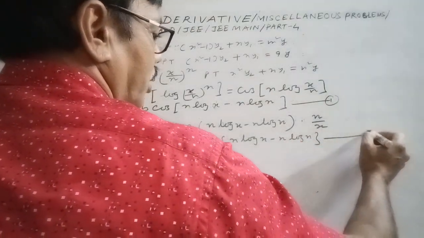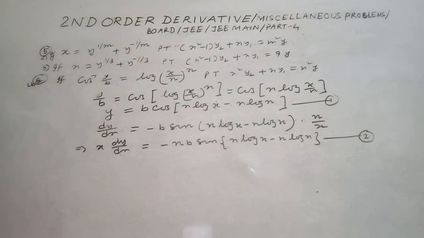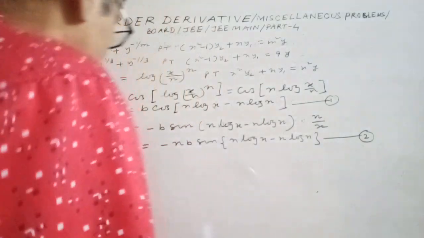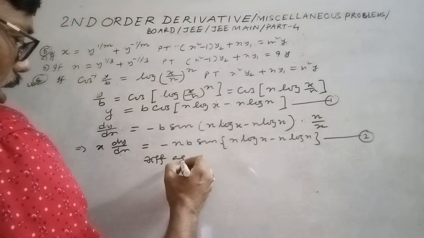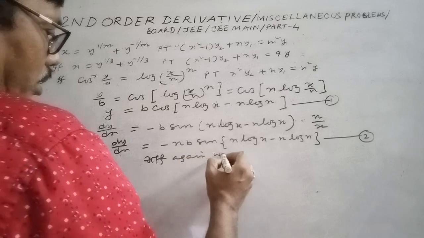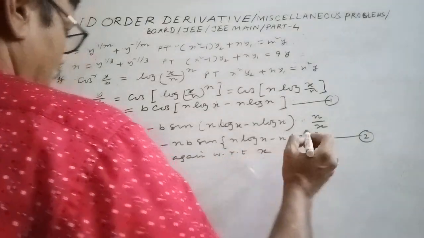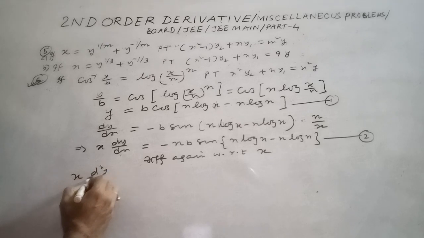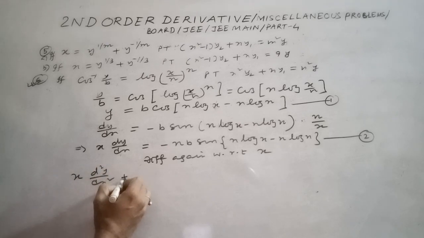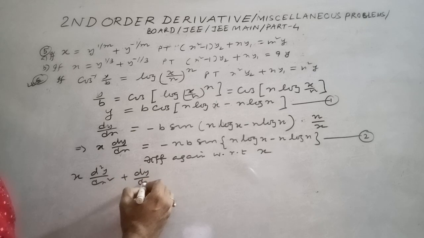Now differentiate again with respect to x. So x into d2y by dx2 plus dy by dx.